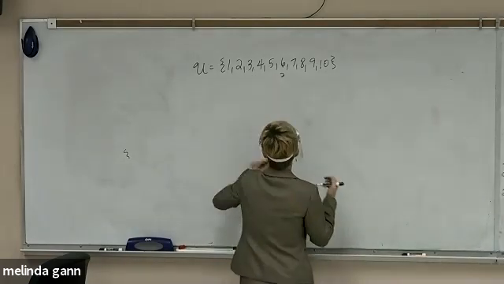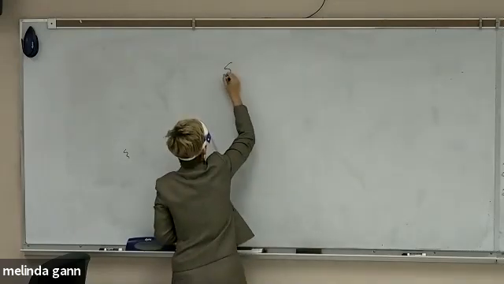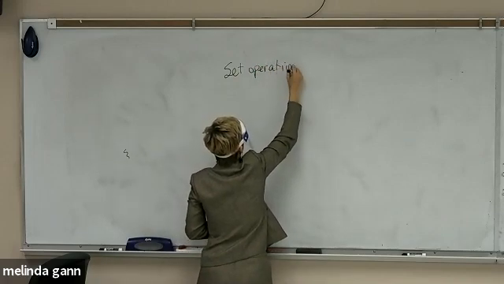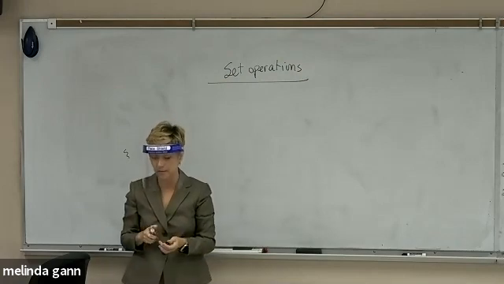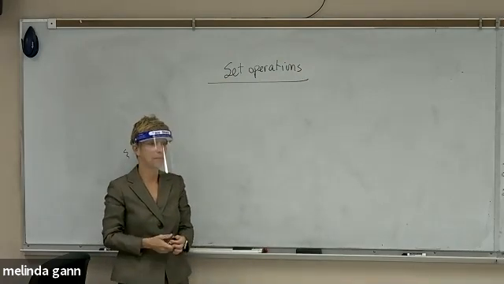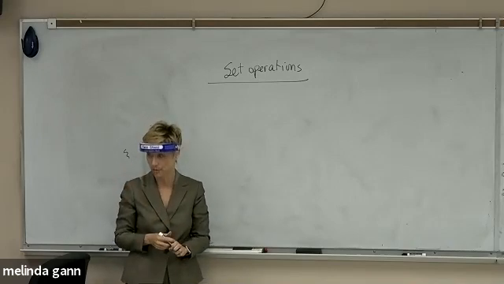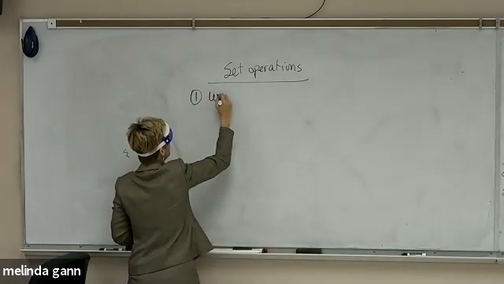All right. So let's talk about the set operations. So we are going to combine sets to make new sets. But we're not going to combine them with those 4 traditional operators that you're accustomed to. All right? The first one we're going to have is called union.